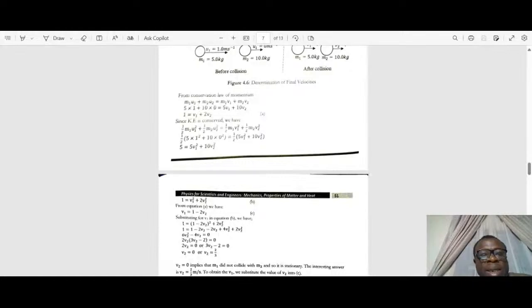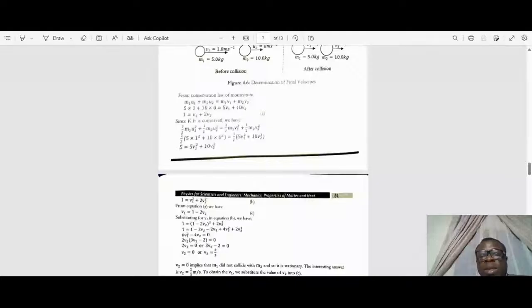Then one will be asking, how come you now have 1 is equal to v1 plus 2v2? That's a very big question. But when you look at the previous line, because that 10 times 0 will go, it will be 5 equal to 5v1 plus 10v2.